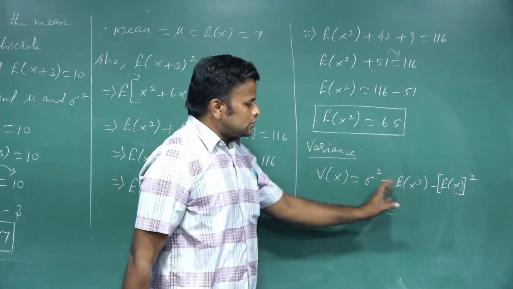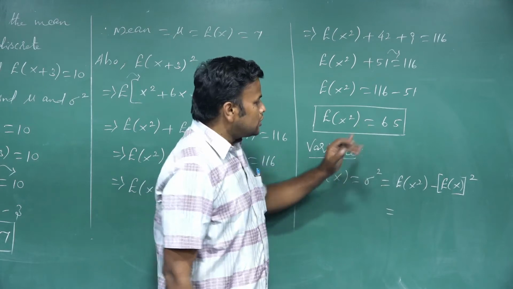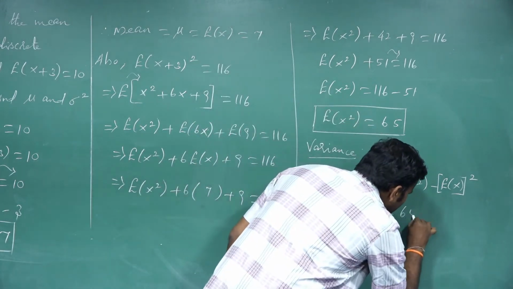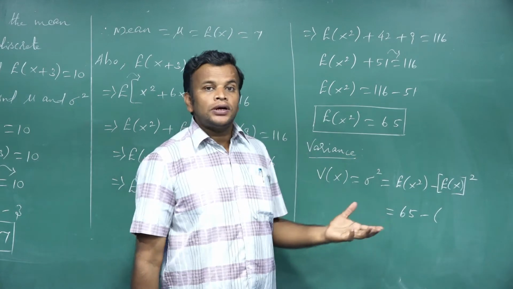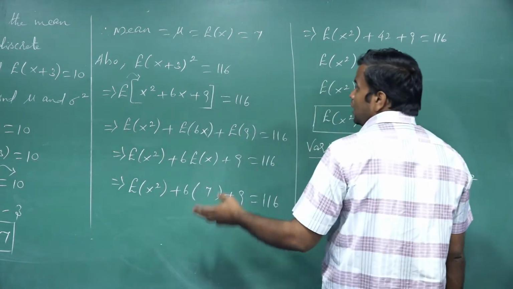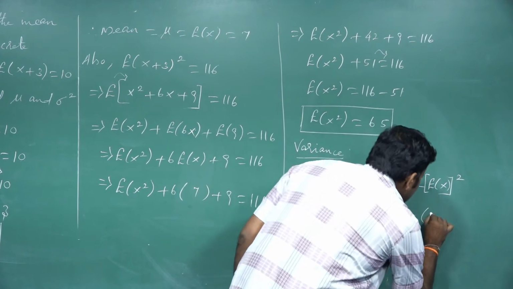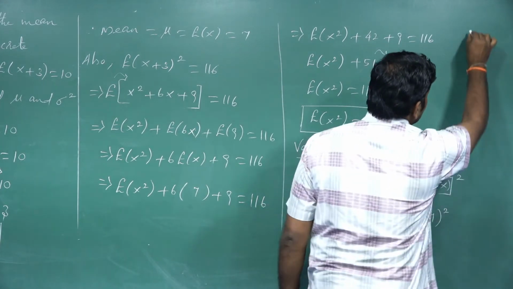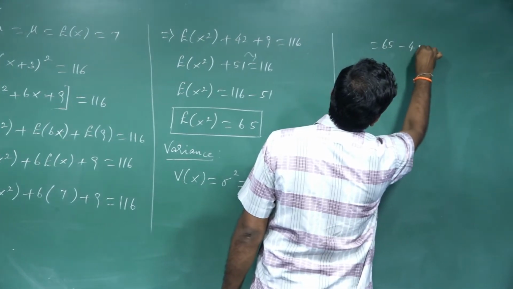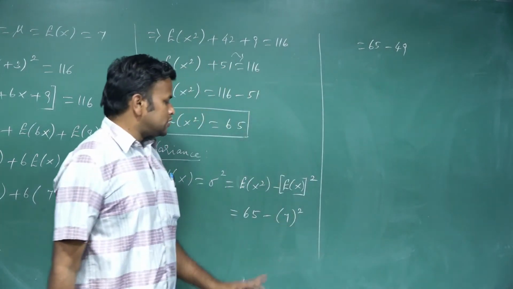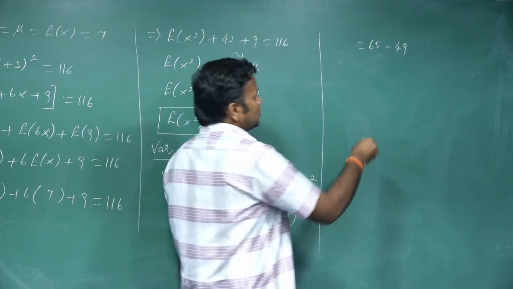Expectation of X square, we say E of X square, the value is 65, minus E of X the whole square, that is the mean square. What is the value of the mean? We already found that the value is 7. So 65 minus the value of 7 square is 49.